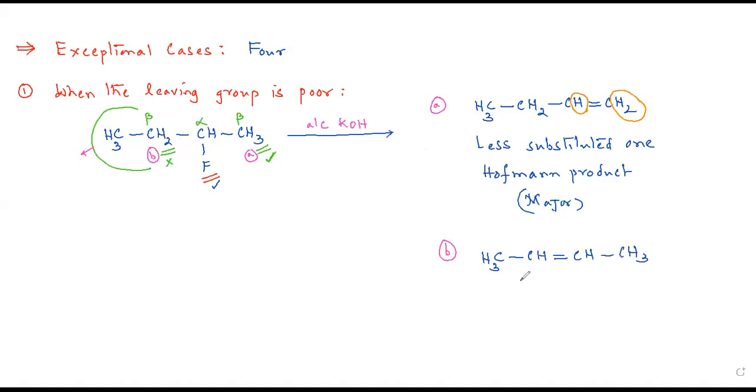This is your Zaitsev product, but this is minor because the removal of this beta hydrogen is difficult, whereas the removal of this is easy. So in this case, actually in all the four exceptional cases, steric hindrance plays an important role.